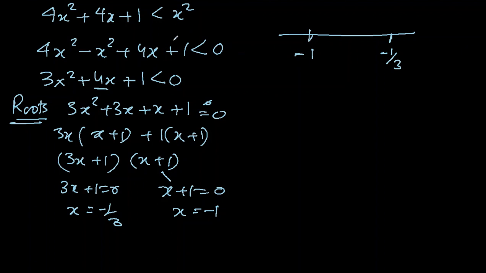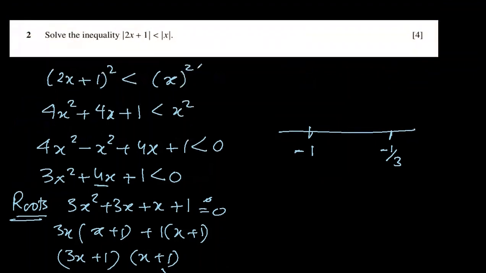And now we will take some numbers here. In absolute, we have to be very careful. So we will take some number less than minus 1 and substitute in our inequality and see if it works. Let's say minus 1.5. So I'm using this inequality now to verify. Minus 1.5 is less than minus 1.